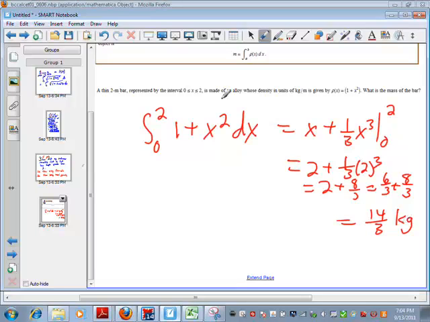The only hard part is it all depends on what function I put here. The point of this problem is for you just to remember that mass is given by the integral of the density when the density is not constant. Questions about that?